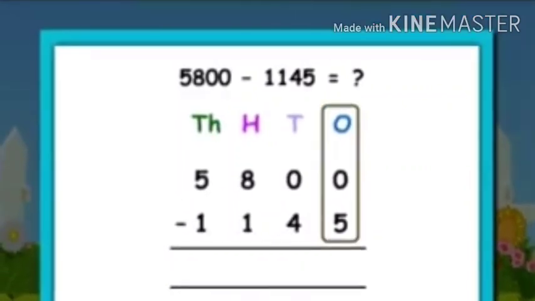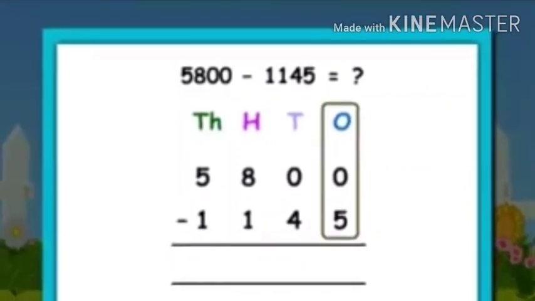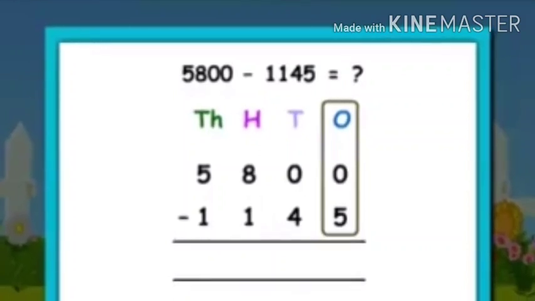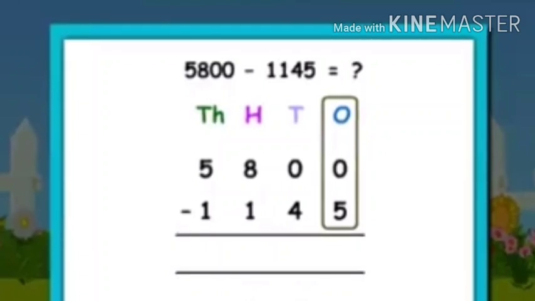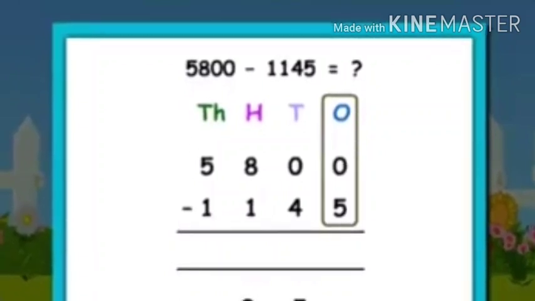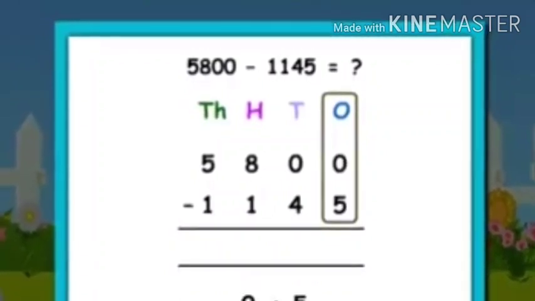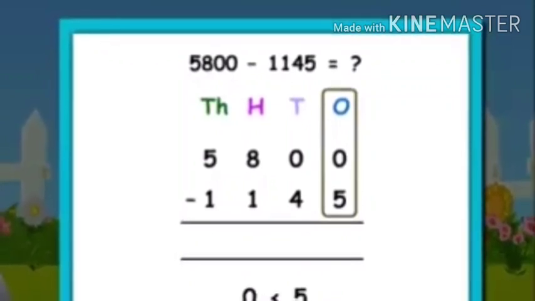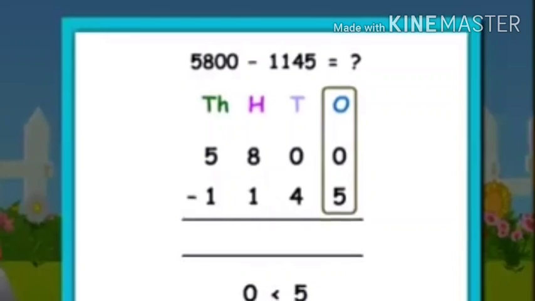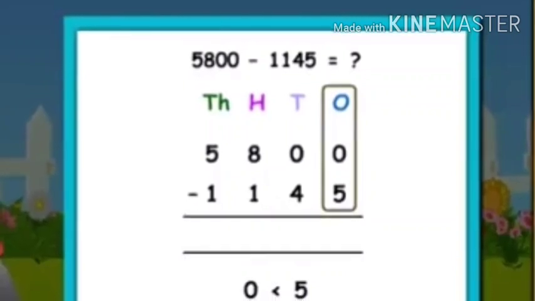So my dear students, on the ones place you are watching, on top we have 0 and on the bottom we have 5. It is not possible to subtract because we learned that already. From 0 we can't subtract any number, which means here 0 is smaller than 5.